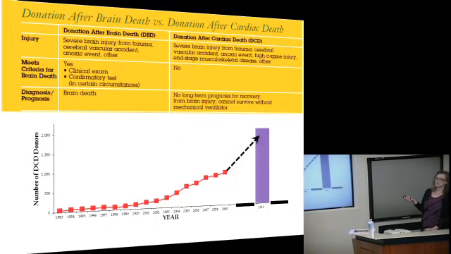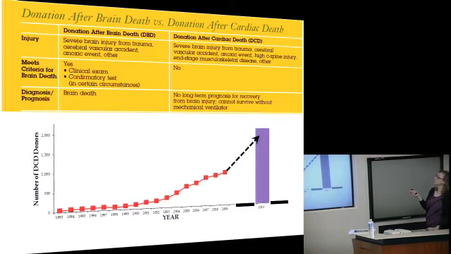There are two main donor types for transplantation in general: donation after brain death and donation after cardiac death. Only donation after brain death donors are utilized for heart transplantation.